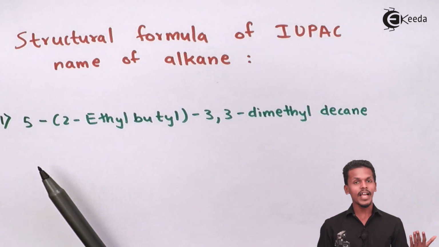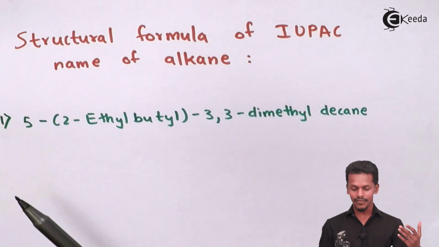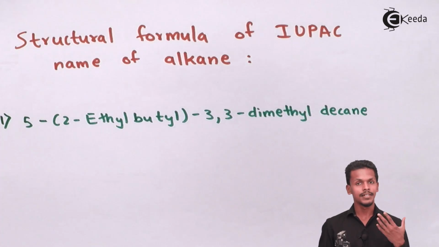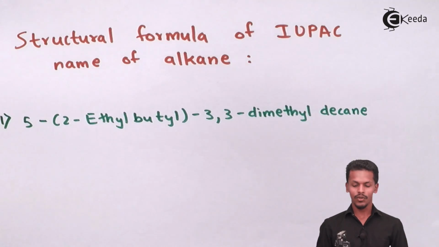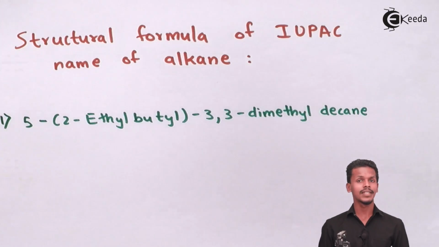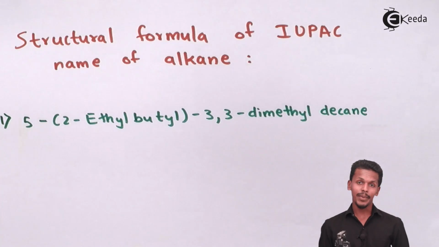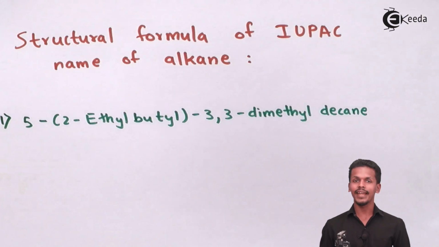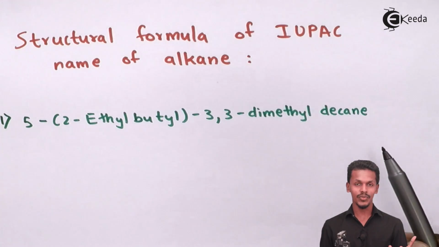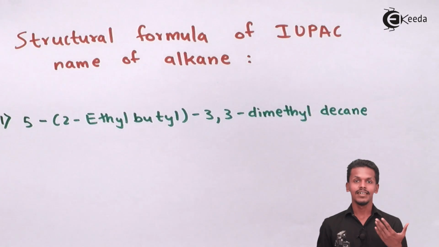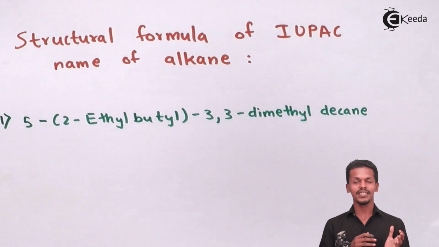So this is the IUPAC name that has been provided to us, and from this we have to make the structural formula. First of all, we have to observe the parent hydrocarbon, and in this case the parent hydrocarbon will be at the last, just like a person has a surname and the surname comes at the last.